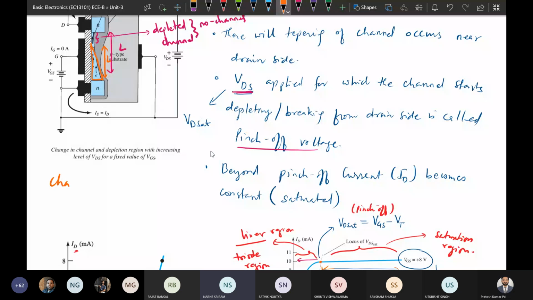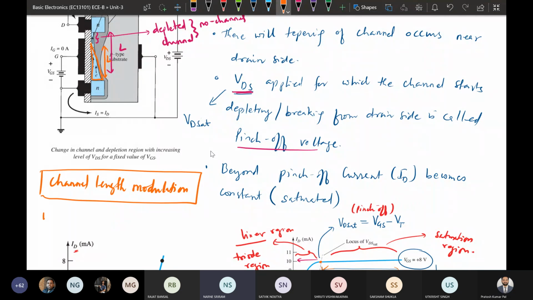Channel length modulation takes place when VDS is greater than VD sat. If we increase the VDS even beyond VD sat, there will be channel length modulation.